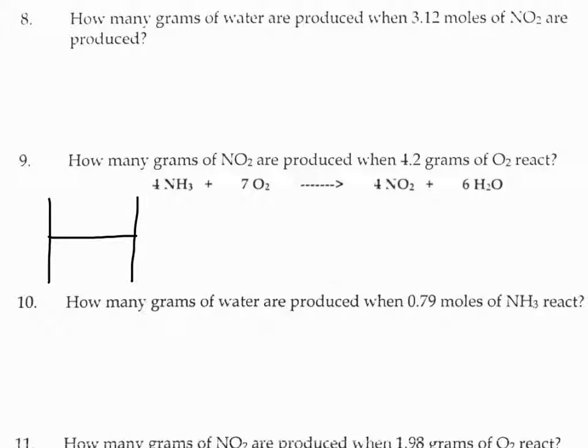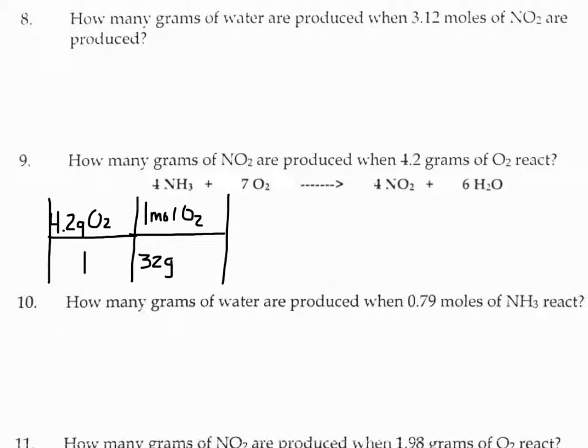So we're going to write 4.2 grams of O2 over 1. And then just like we've done before, the first thing we always have to do is convert it into moles. So we're going to take our 4.2 grams and divide it by the molar mass of O2, which is 32 grams in 1 mole of O2.